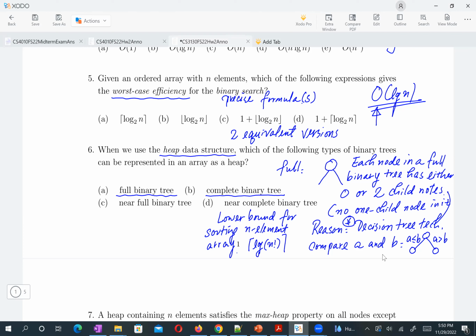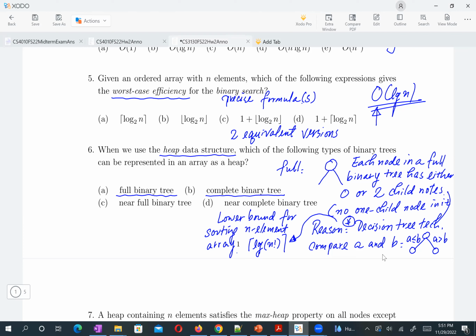But that is the result. How to discover it? How to get this result? Now I can tell you, using the decision tree technique, we can derive this lower bound result. So here I just want to say this technique is very powerful.